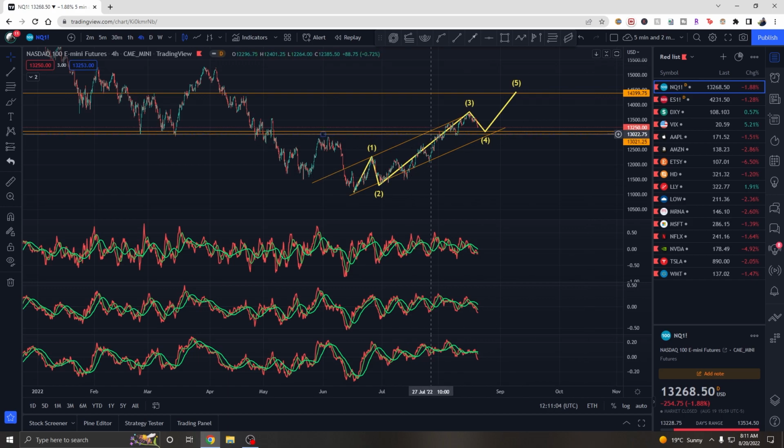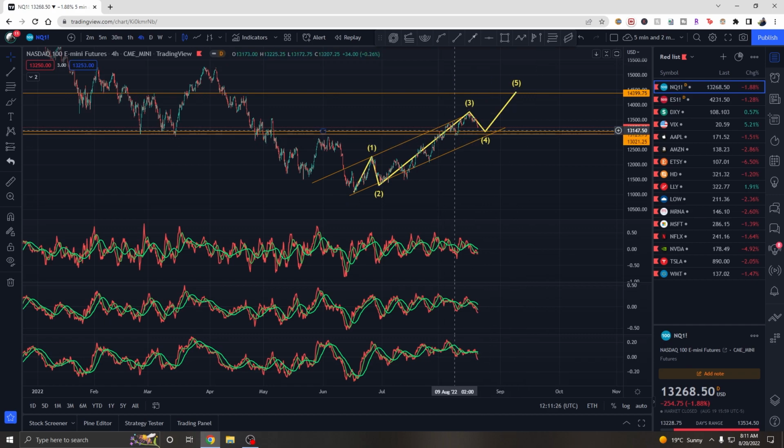So wave 4 might complete when it retests 13,123.75 or 13,021.25, which is close to the 13,000 level. So probably I can see it retesting this 13,000 level.